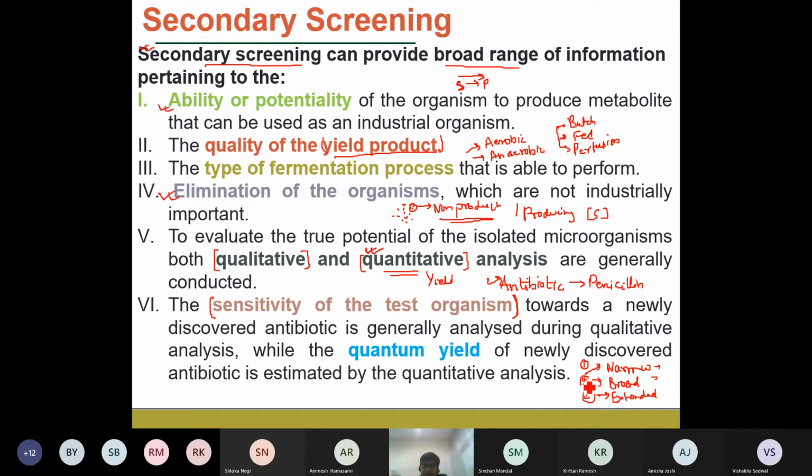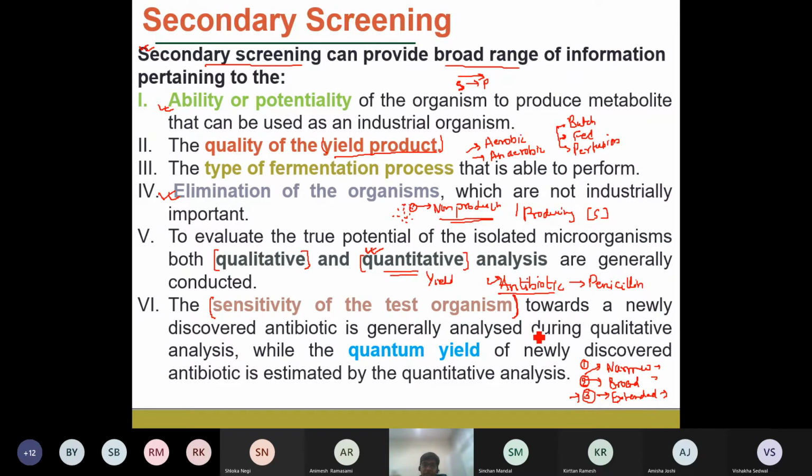Generally we know that there are gram positive and gram negative microorganisms onto which antibiotics can work. But there are some microorganisms which can actually degrade these antibiotic molecules. So for that we have the extended antibiotic spectrum, which works on a wider range of antibiotics.